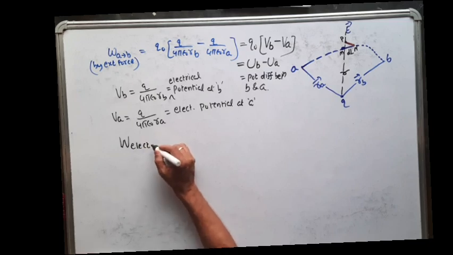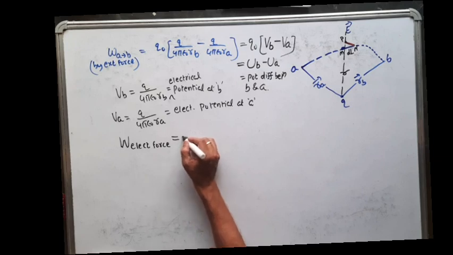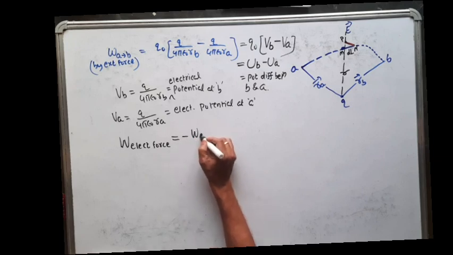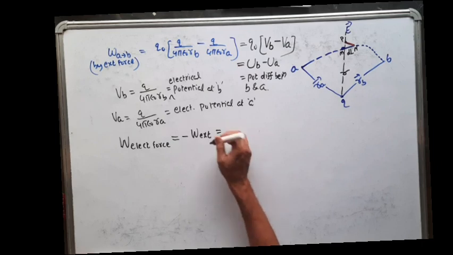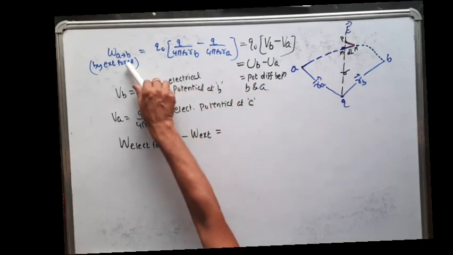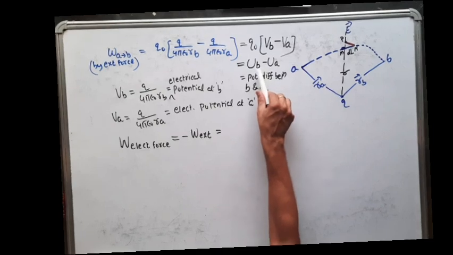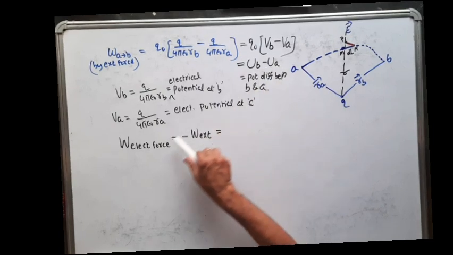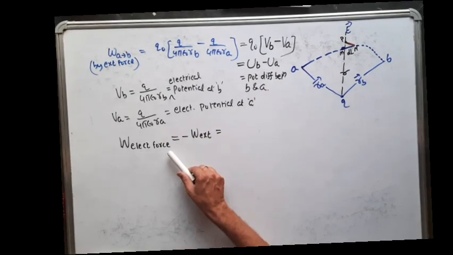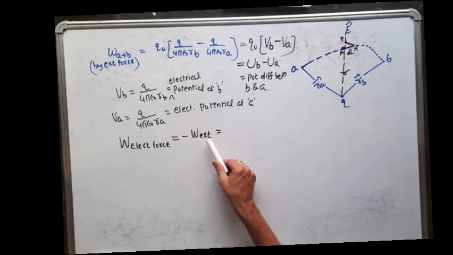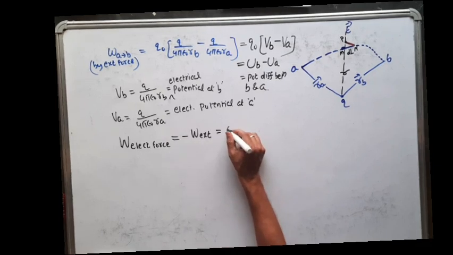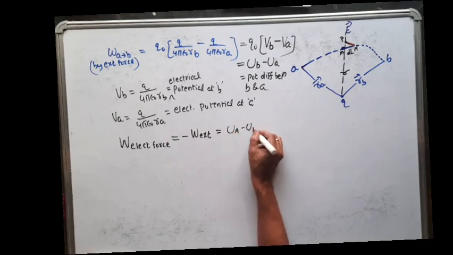So work done by the electric force or electrostatic force is just opposite to that of work done by the external force. Work done by the external force is equal to UB minus UA. So work done by the electrostatic force, which is equal to minus of work done by the external force, is equal to UA minus UB.